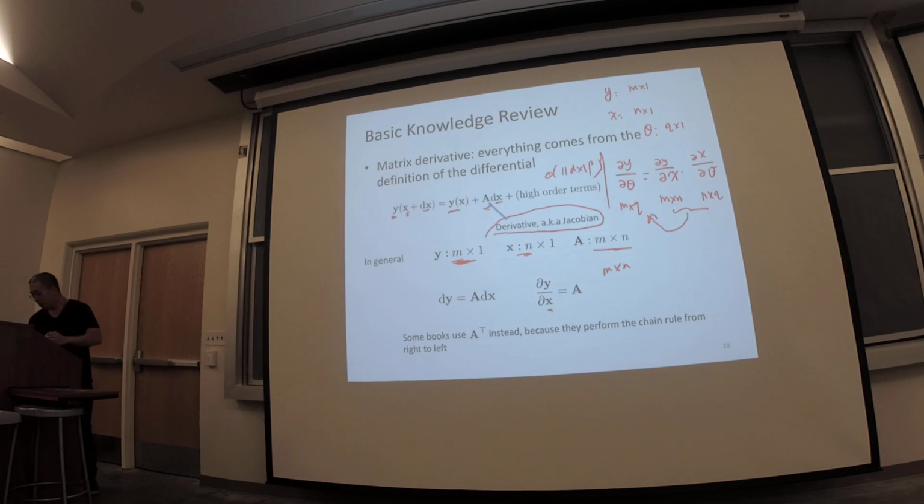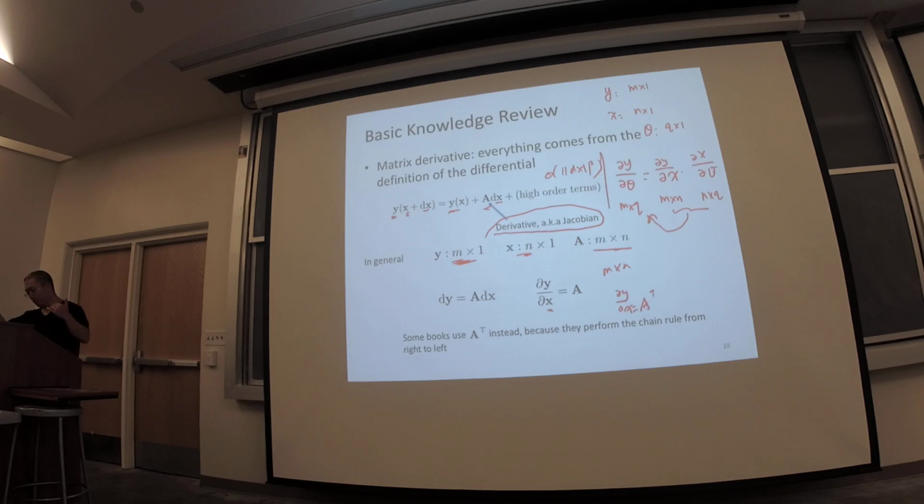But if somebody chooses to define partial y over partial x to be a transpose, which is n by n, so the row follows the input and the column follows the output, what will happen? It's still in shape.